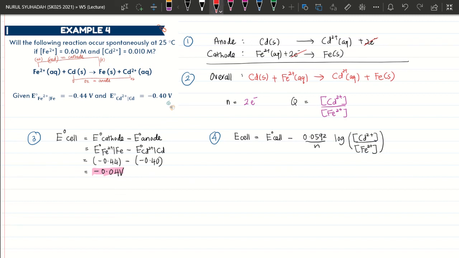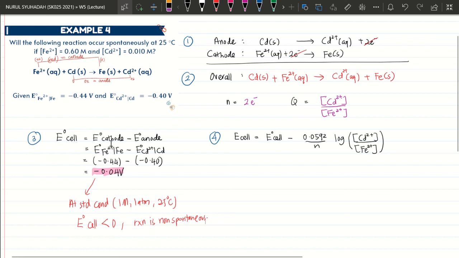If the reaction is at standard condition, meaning 1 molar, 1 atm pressure, and 25 degrees Celsius, since we get an E0 cell less than 0, the reaction is non-spontaneous. If we have a negative value, the reaction is non-spontaneous. In other words, the reaction may not occur.